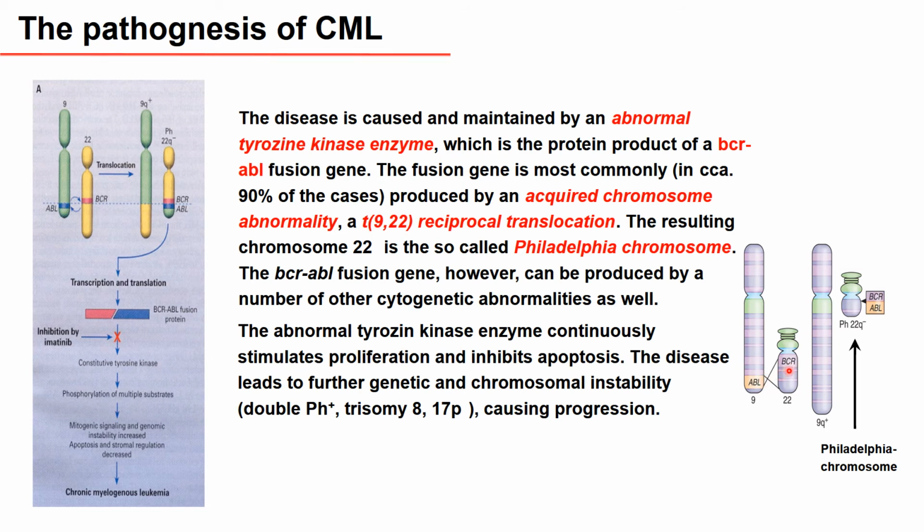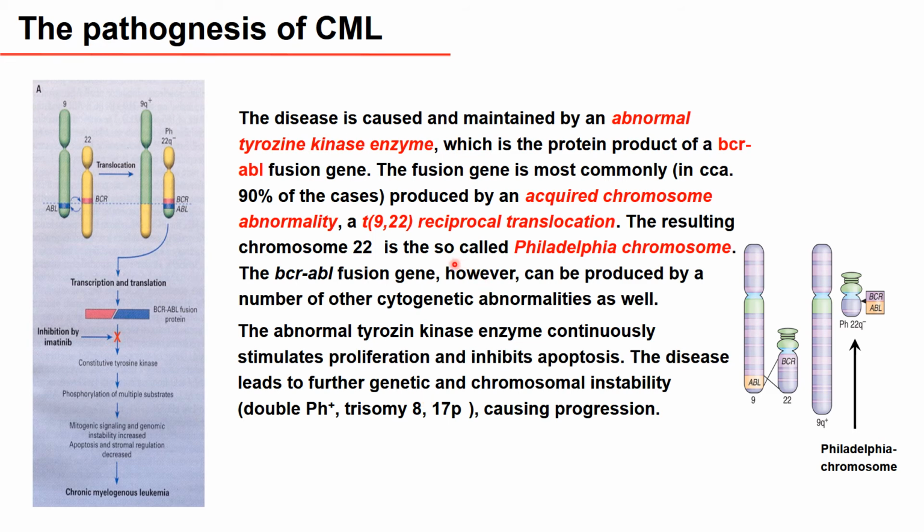Now, when they have this reciprocal translocation, especially the one attached to chromosome 22, this gene does not have a stop codon between the two genes, and this way they synthesize a completely abnormal protein.